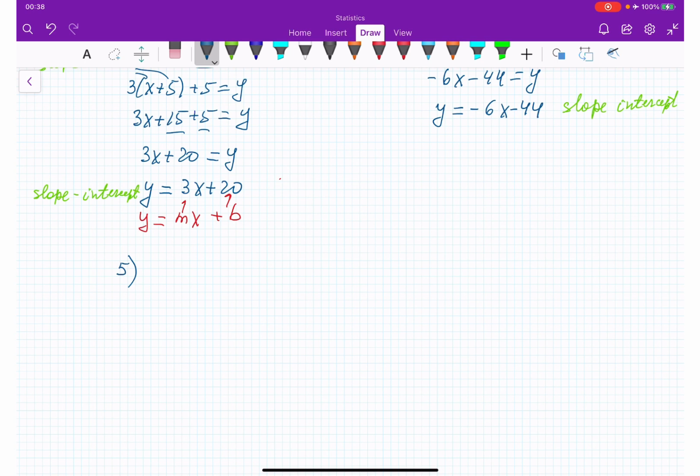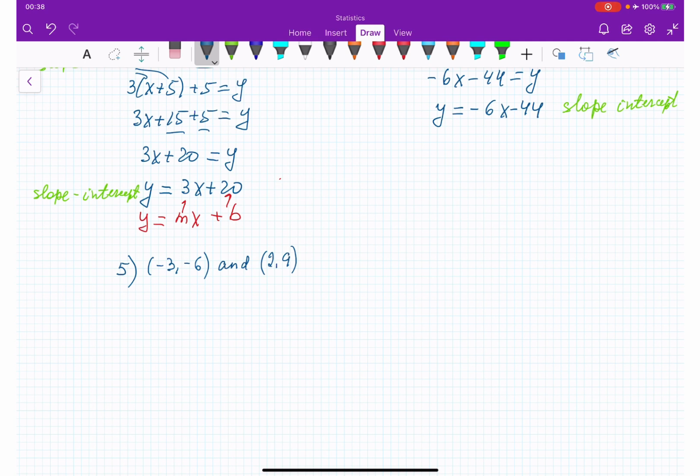We have 2 points, negative 3, negative 6, and we're back to 2 points again, 2 and 9. So, using these 2 points, we need to write an equation for the line in point slope form and slope-intercept form.